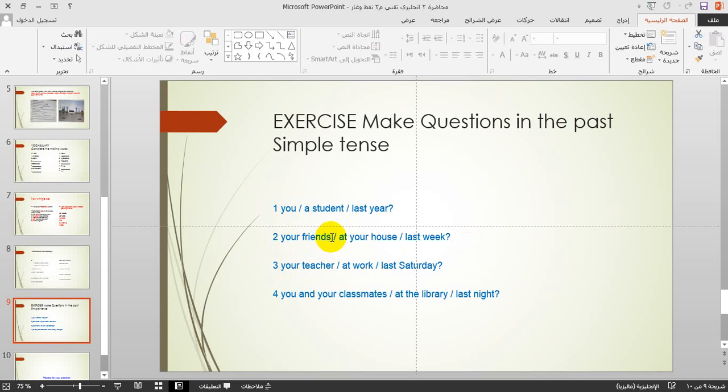No, it is were because it's plural. Friends: were your friends? Then your teacher at work last Saturday. You can do it yourself, and also number four, you can do it. It's plural, make sure. Take care, it's plural, not singular.